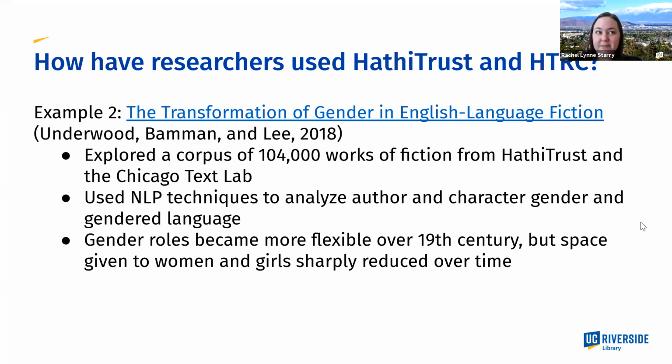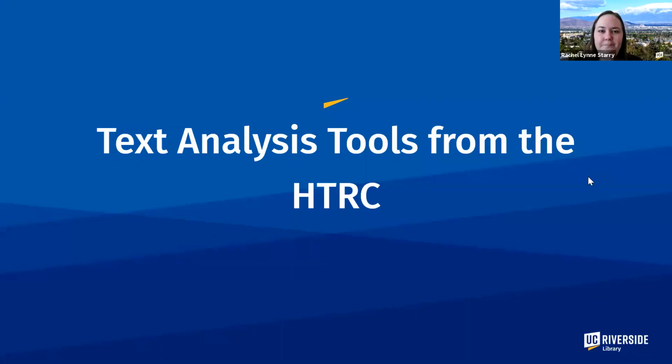So at the same time that the language of gender and gender roles was becoming more flexible, the space given to women-identifying authors and characters was reduced over time. Interesting ways that folks are using these collections and tools to perform their research.